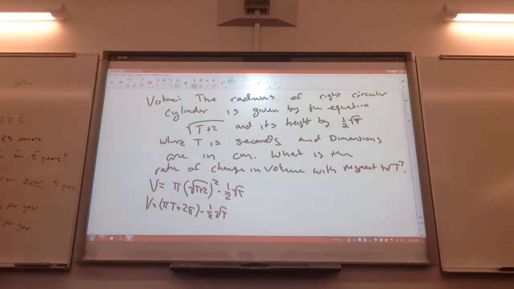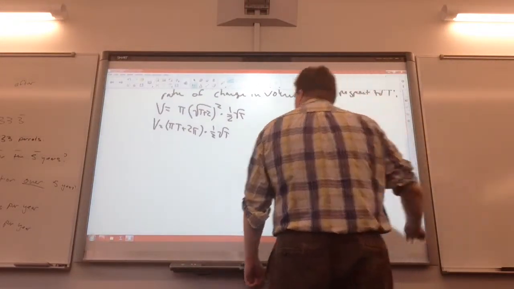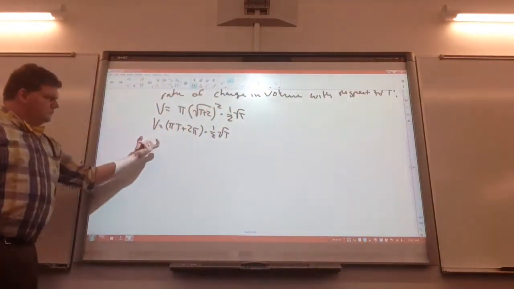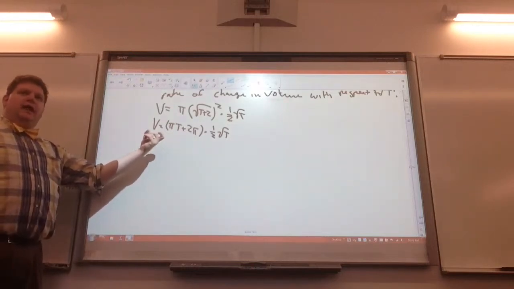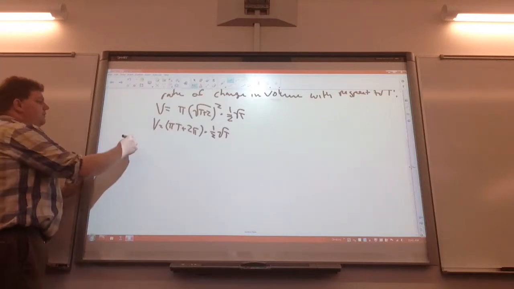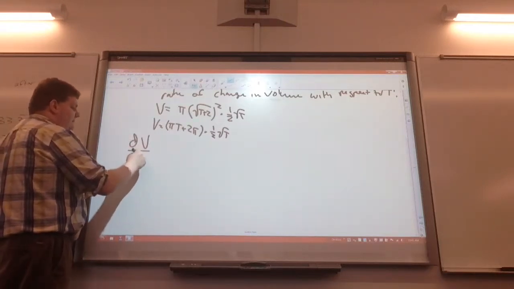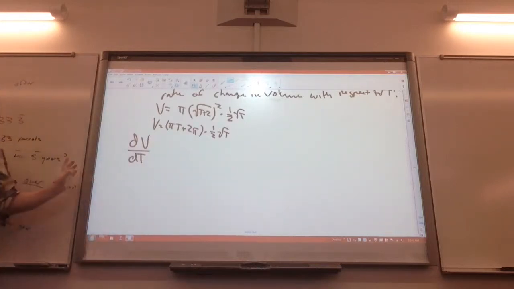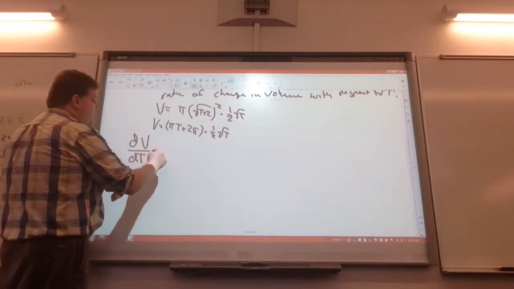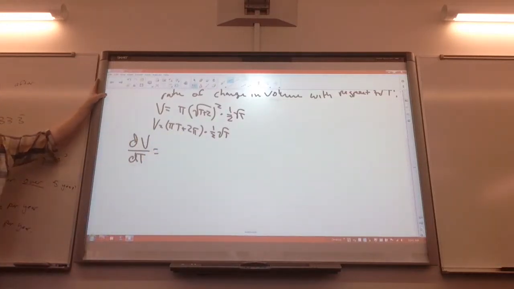Now, we want the change in volume. So we're going to take the derivative of volume with respect to time. That's what dV by dt means. What rule am I going to use to take the derivative here? Product rule.